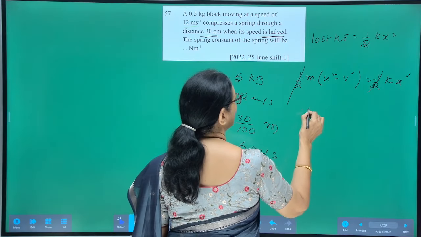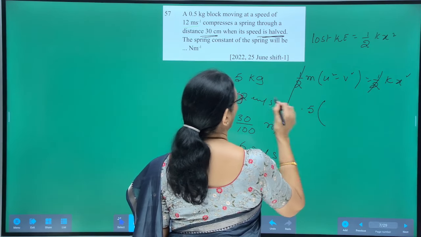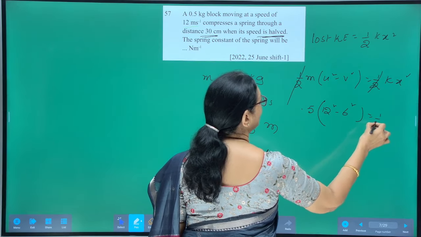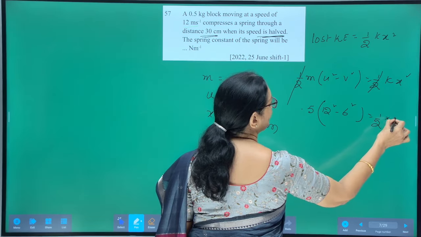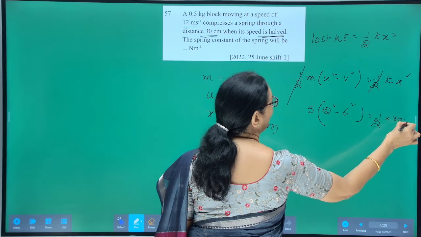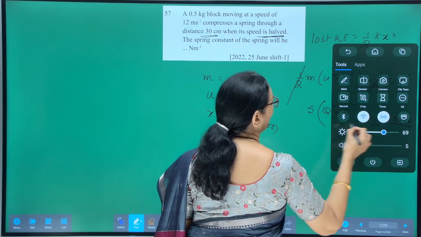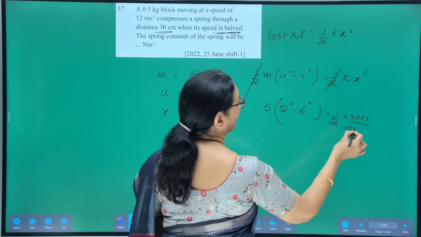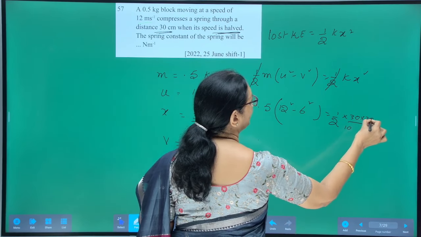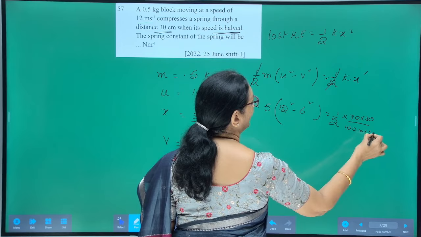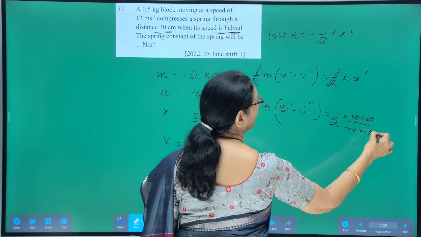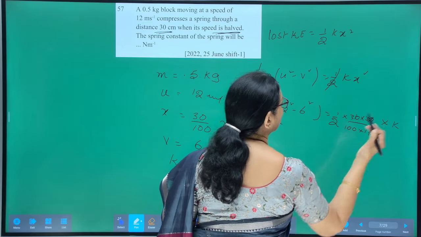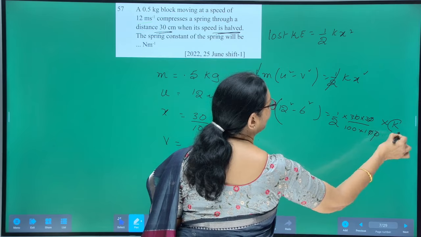Mass is given as 0.5, u square is 12 square, v square is 6 square. This is half, x square is 30 into 30 by 100 into 100. Actually, 2 zeros get cancelled. Half k x square. We need to find k here.